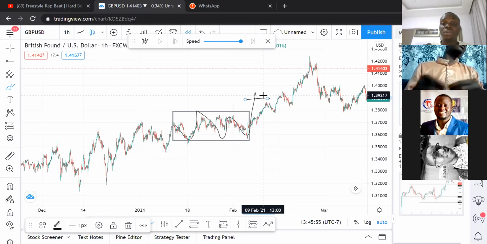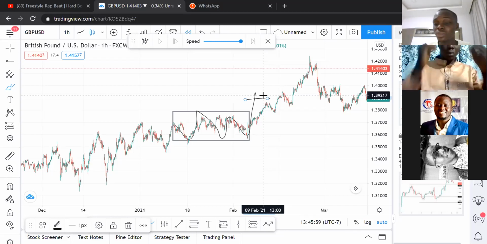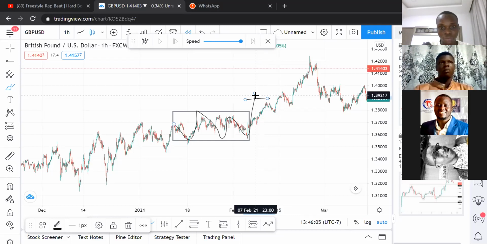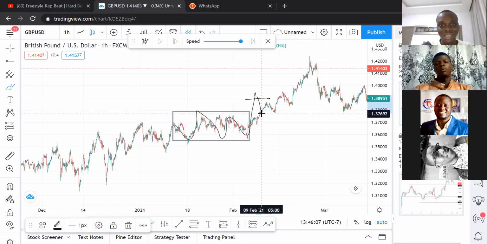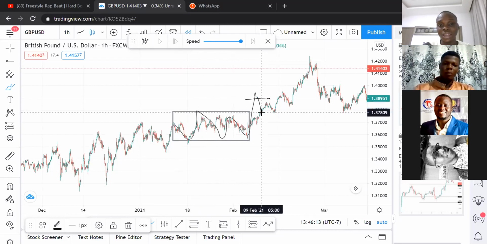Sometimes you might be lucky, the market might just keep going up and doesn't come down. But mostly, the market always comes down to do a retest of this zone here, a retest of the breakout or a higher low for you to enter.